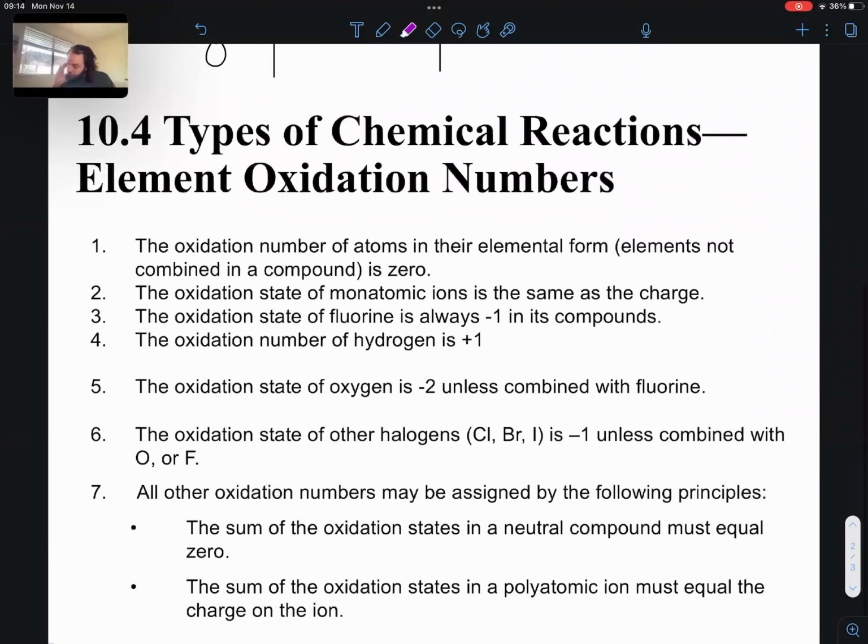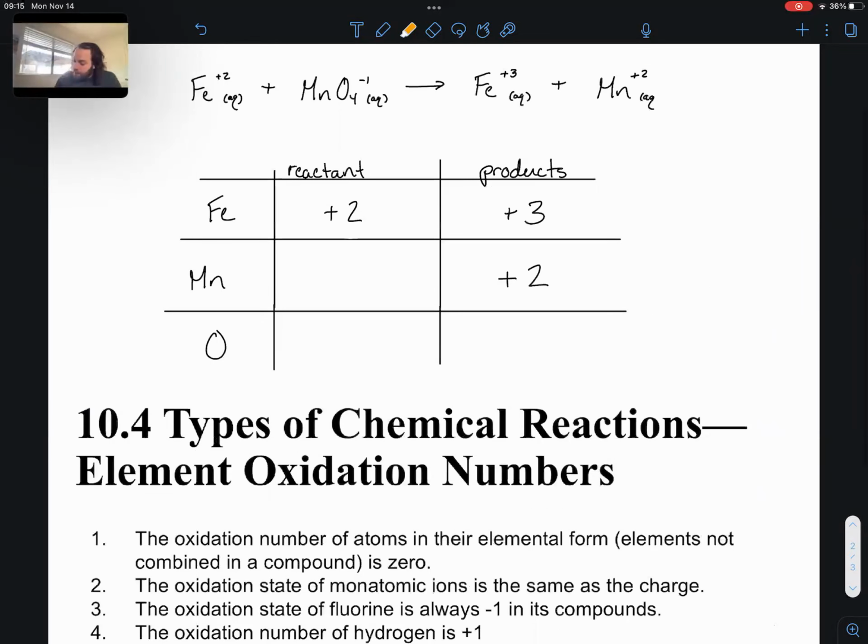If we just read through them, we went through these first two. All the other rules apply to specific elements. And again, what's going to make this a little different than strictly this idea of charge is now we're going to extend this concept to covalent compounds as well. So this permanganate ion here is manganese covalently bound to 4 oxygens.